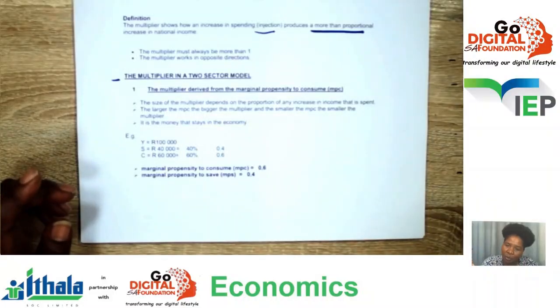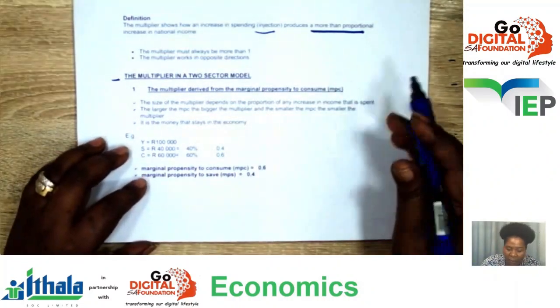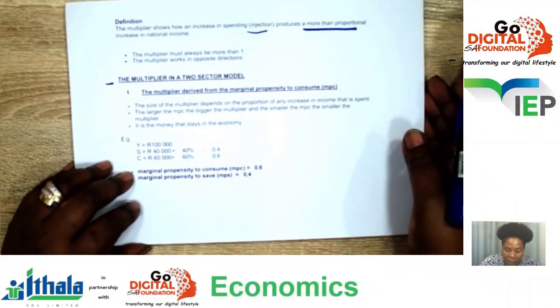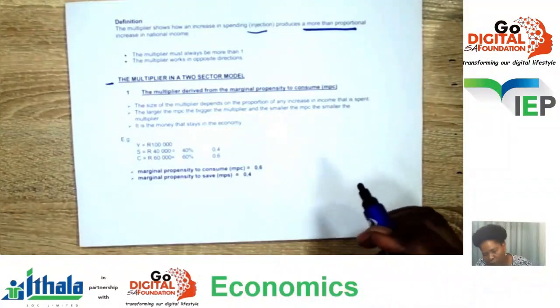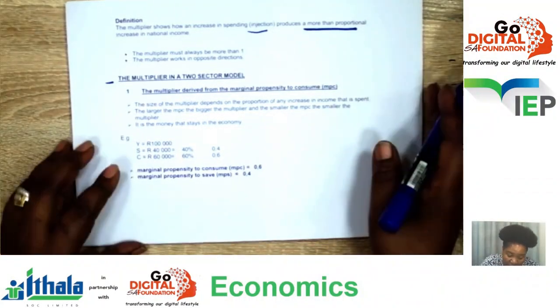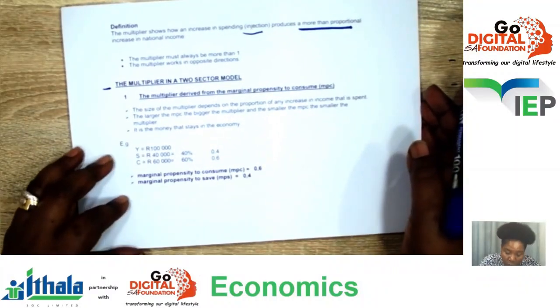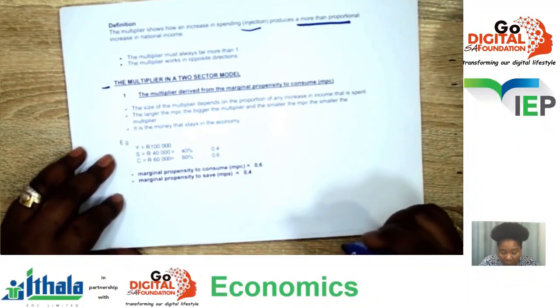Remember, I said if we have an increase in economic growth, it means our living standard becomes better. The multiplier must always be more than one, and it works in the opposite direction. What are we talking about when we say our multiplier should always be more than one? One represents a unit for us.